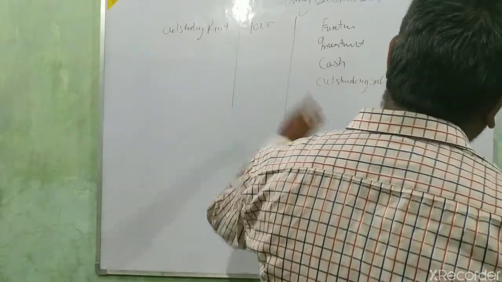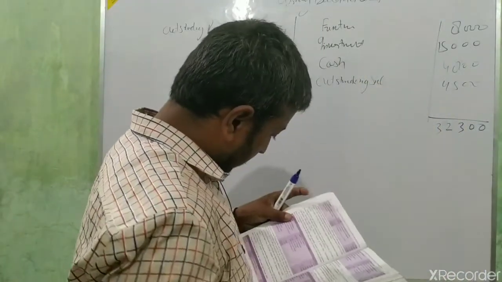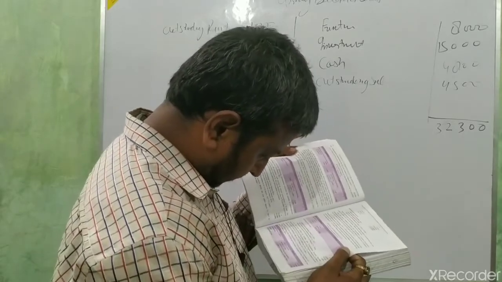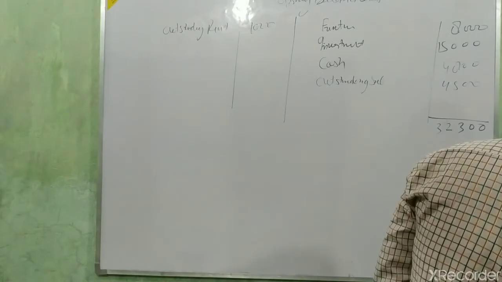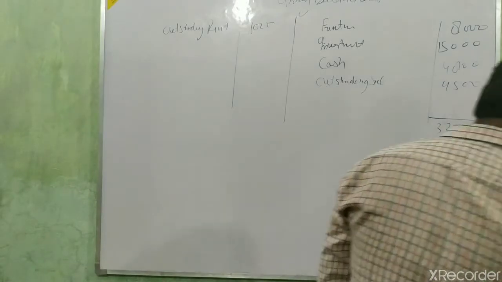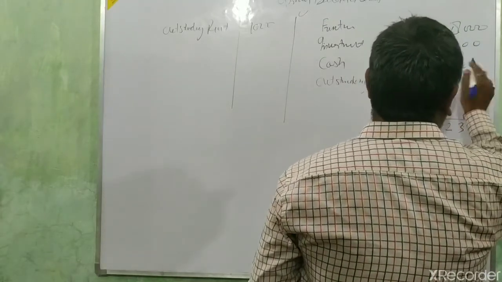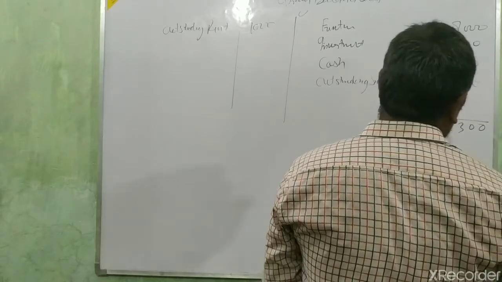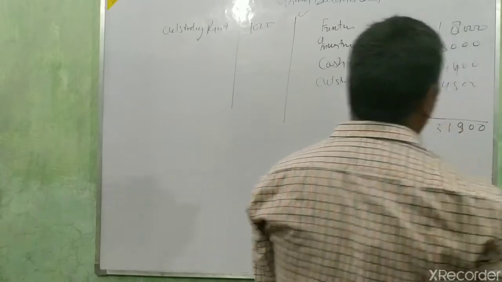Last year outstanding beta, that amount is 4,400.